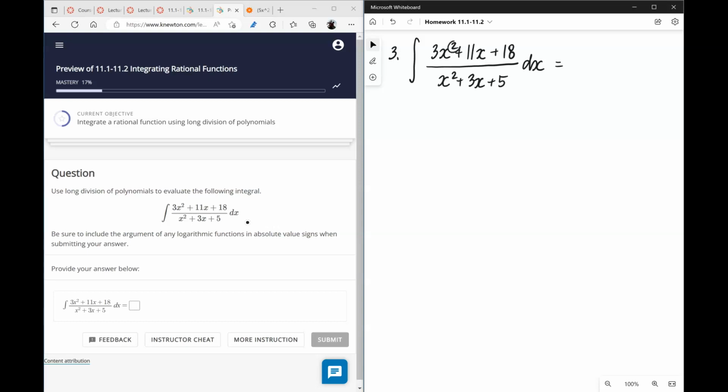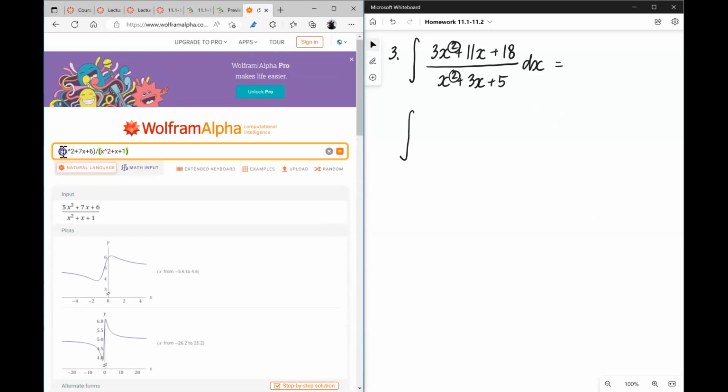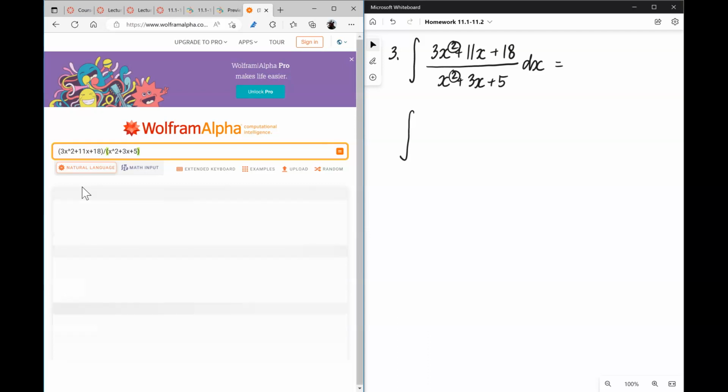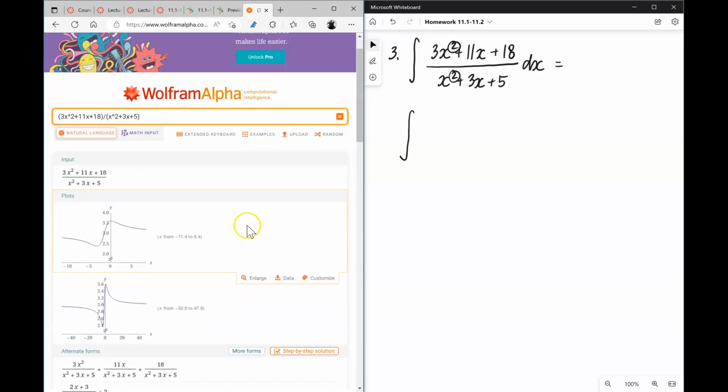We notice that it's an improper rational function, so we're going to perform long division to write it in quotient form. This will inevitably make the integral much simpler.